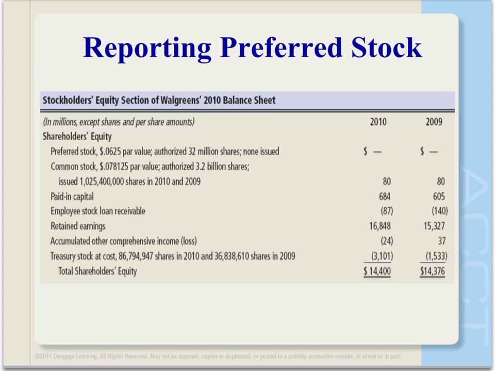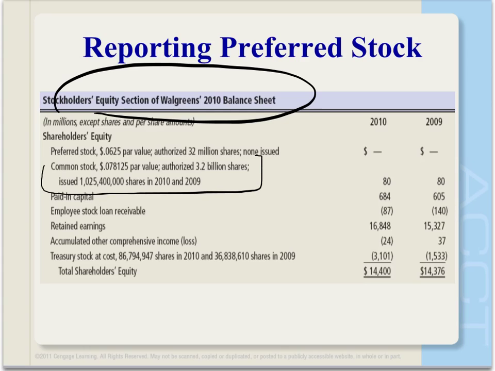So let's move on to our next topic, which is reporting preferred stock. Basically, you're going to see this is the statement of stockholders' equity. Here you see our common stock.